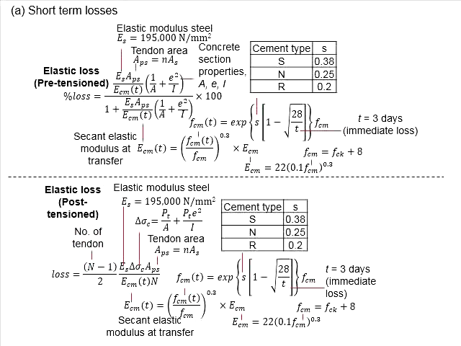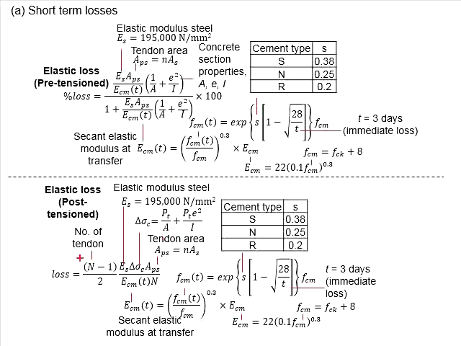More specifically, it refers to the number of times of stressing operation. ES here represents the modulus of elasticity of the steel, which is 195 gigapascals, and APS here represents the tendon area, which is defined by the number of tendons times the area of the tendon.